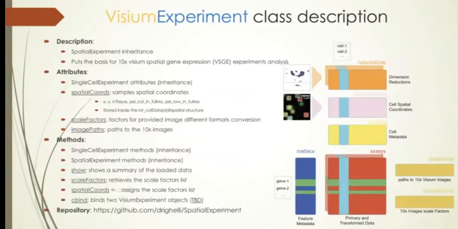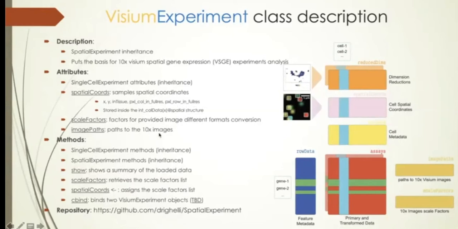After that, we extended this class with the Visium Experiment class because the Visium transcriptomics provides multiple pieces of information. For the spatial coordinates, it provides X, Y, in tissue, the full resolution of the pixel, and columns and rows.